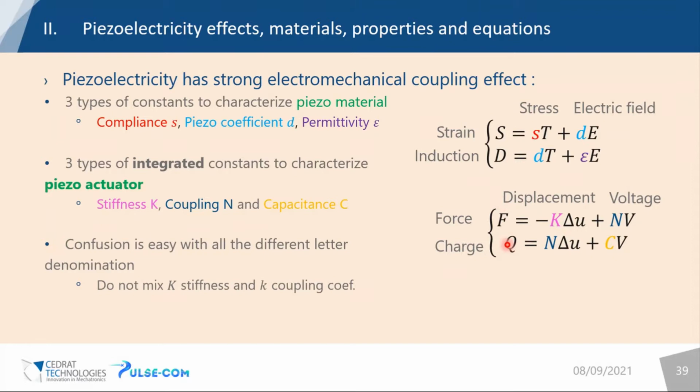For the electrical side, you have the electrical charge here. Do not mix the big K, which is the mechanical stiffness, and the lower k, which is the coupling coefficient we've seen before.